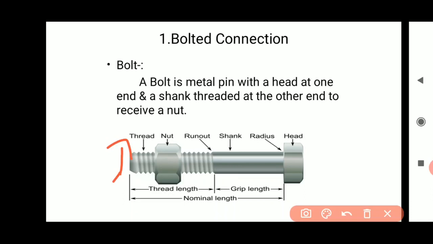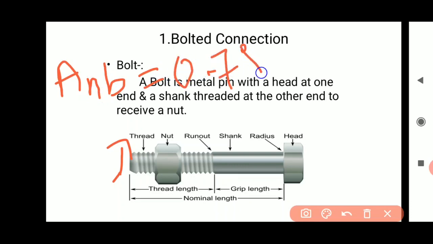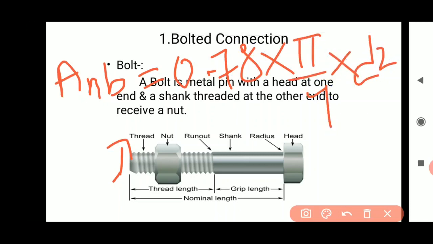So the cross sectional area of the threaded part is known as the net area of the bolt. The net area of the bolt, or the cross sectional area of the threaded part of the bolt, will be 0.78 into pi by 4 into d square, which is less than that of the cross sectional area of the shank part.